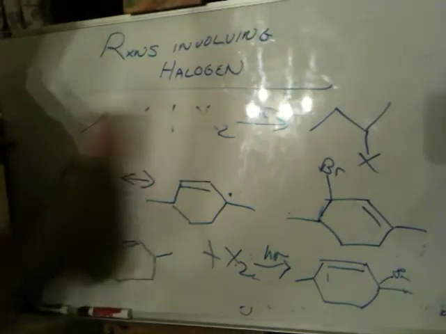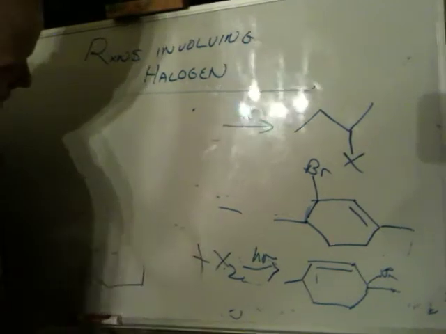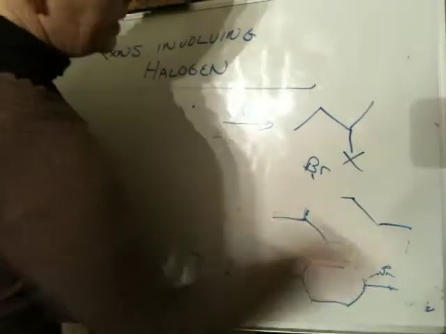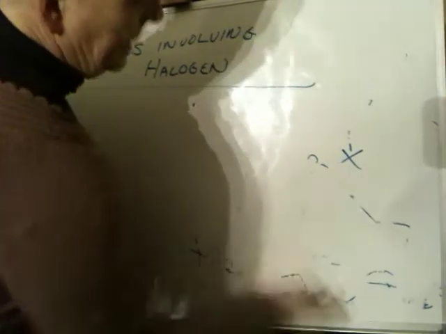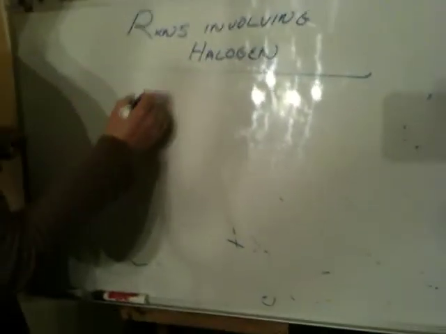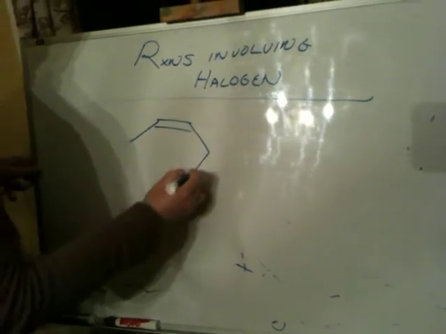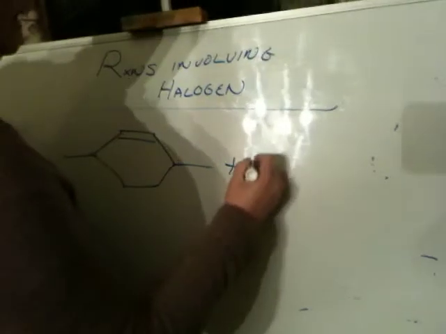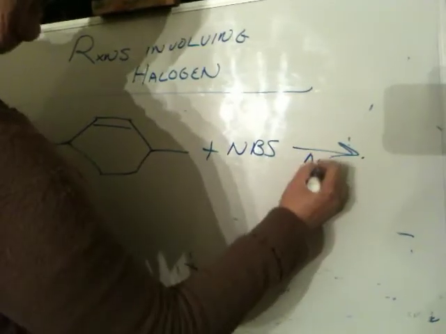Okay, what else have we got? Well, these are all the same thing. What I recently introduced to you in class is the idea that, say I had the same substrate, instead of using bromine, you could use a reagent called NBS, which I described in class, in the presence of light.